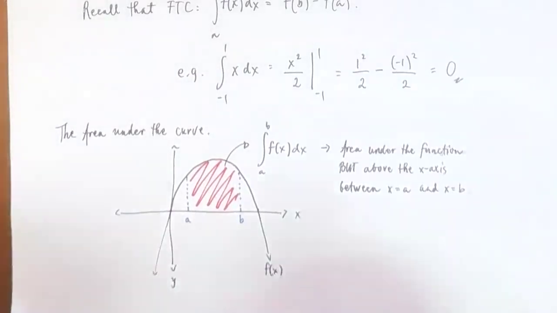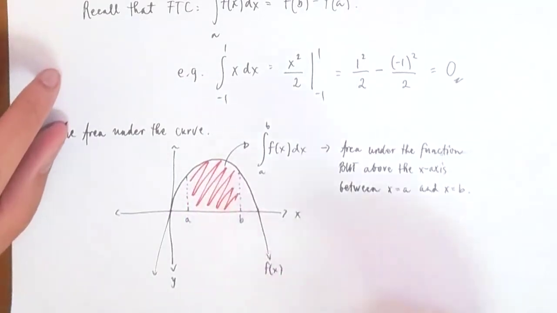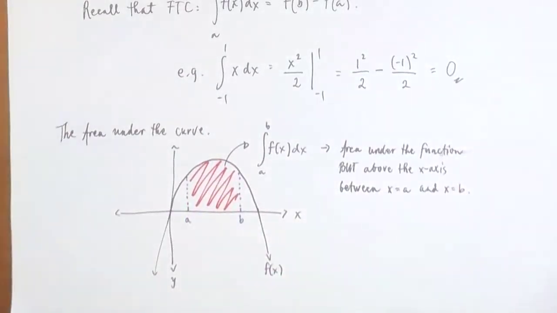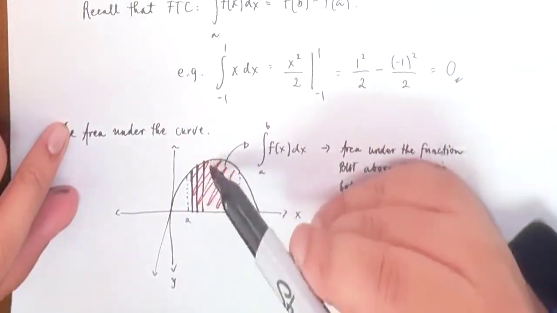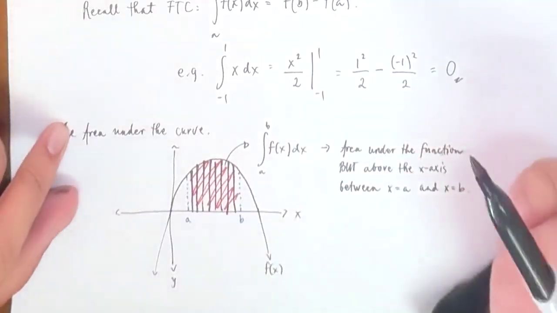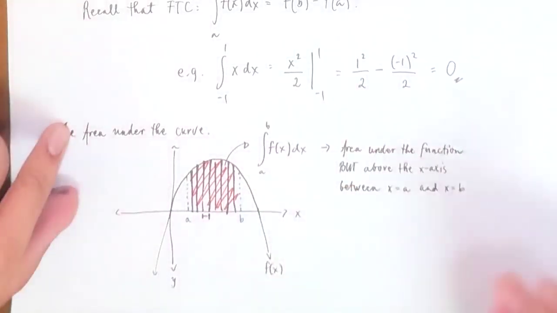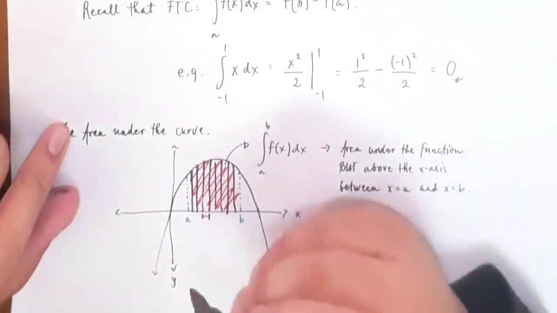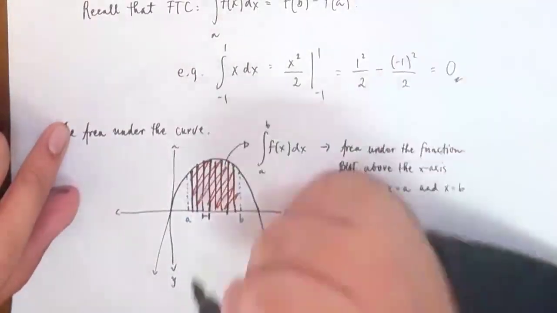In the way that if you want to find this area right here, what we're actually doing is taking smaller and smaller slices of that area. For each of those slices, we can approximate it like a rectangle.